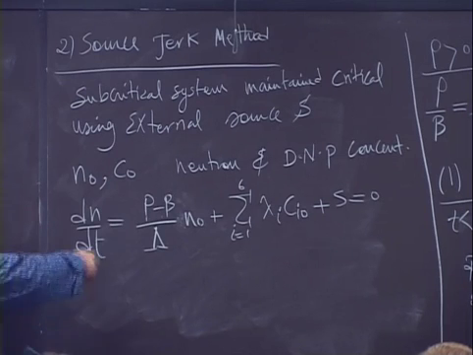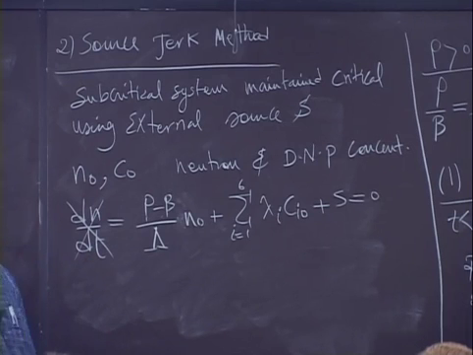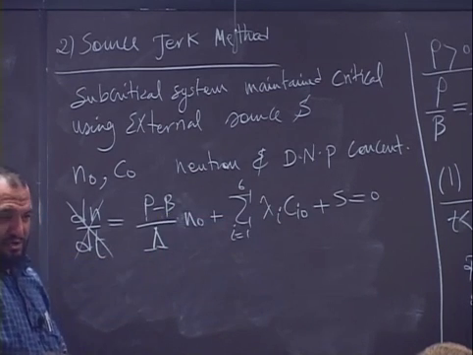Because you are critical, you do not have any time rate of change of n. I am critical with the source, which is why I added a source term here.